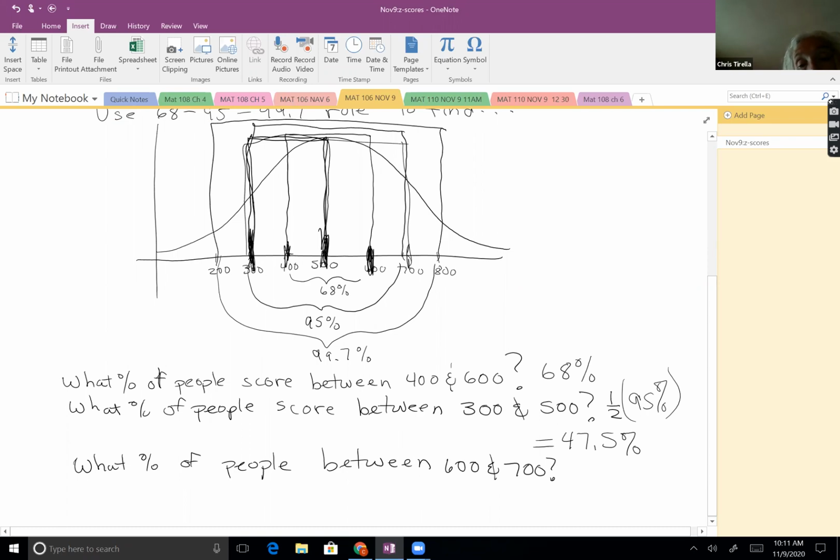Yeah, 600 and 700 are boundaries on different boxes. Okay. That's what we're going to subtract. 95 minus 68. And because we're only looking at one of the two possible sides, we're going to divide it by 2. Okay. And so that's going to be, what is that? 27 divided by 2, which will be 13.5.